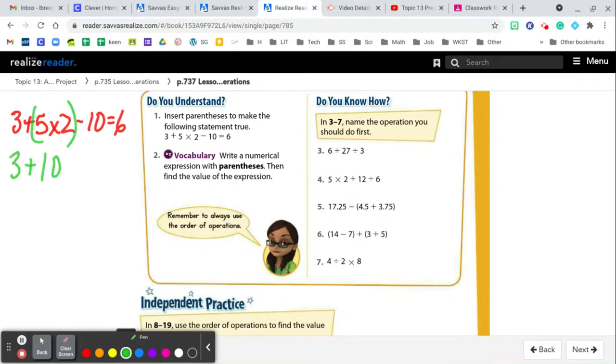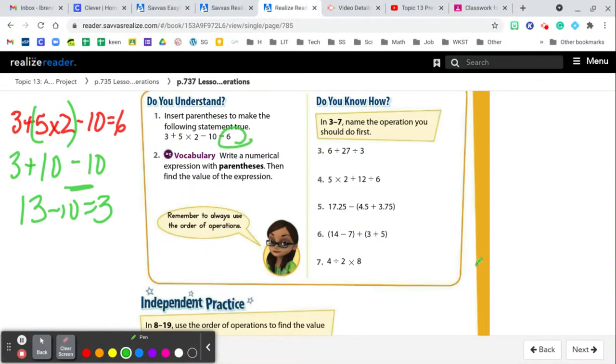And then we would do plus 3 minus 10. We would do addition and subtraction left to right. We don't hop around and start over here when we have just addition and subtraction. So 3 plus 10 is 13 minus 10 equals 3. So following order of operations is not going to get us a 6.